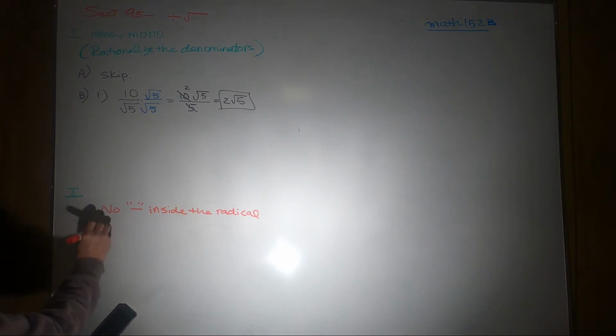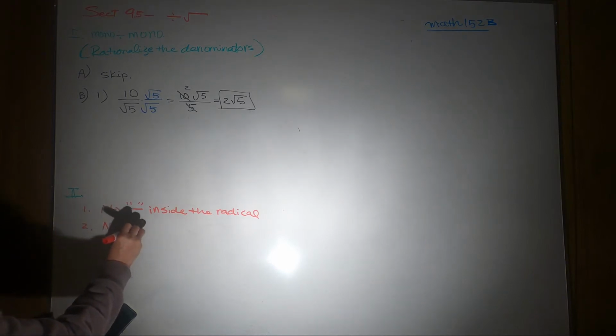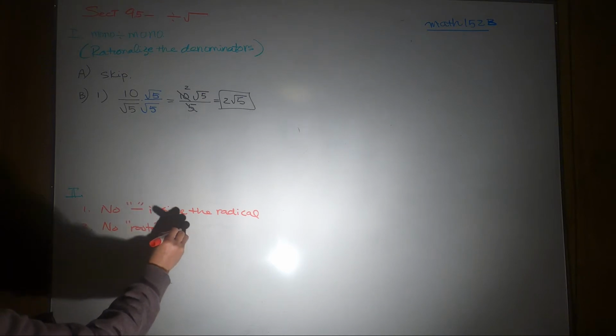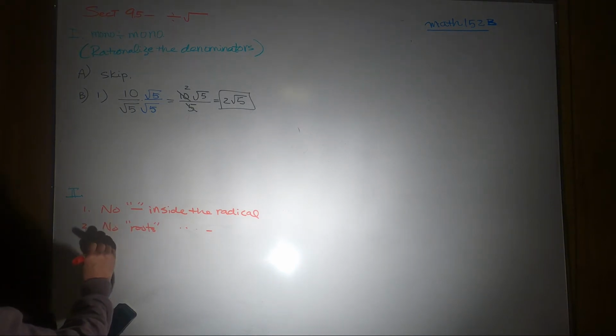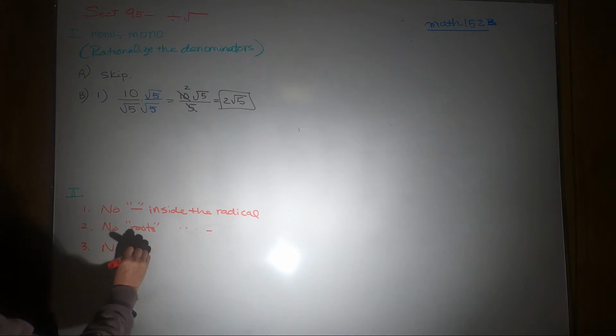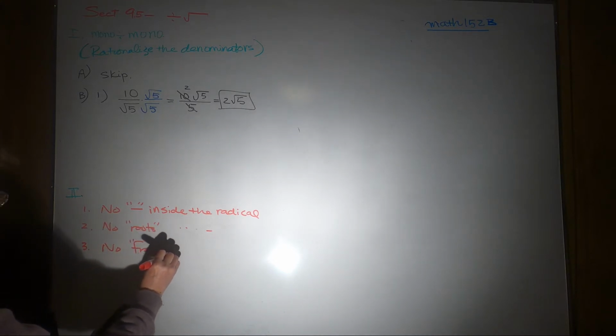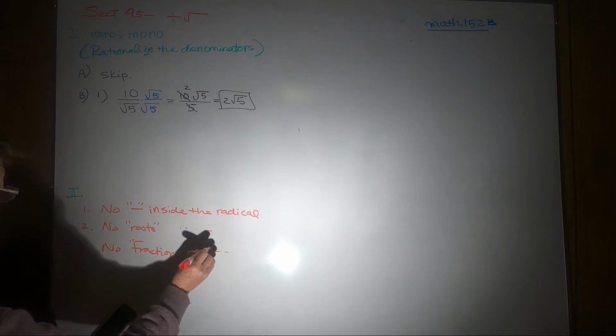Then we say we don't want what? No roots inside the radical. If you have roots, you have to show the roots outside the crazy thing, right? We don't want to have fractions inside the radicals, right?